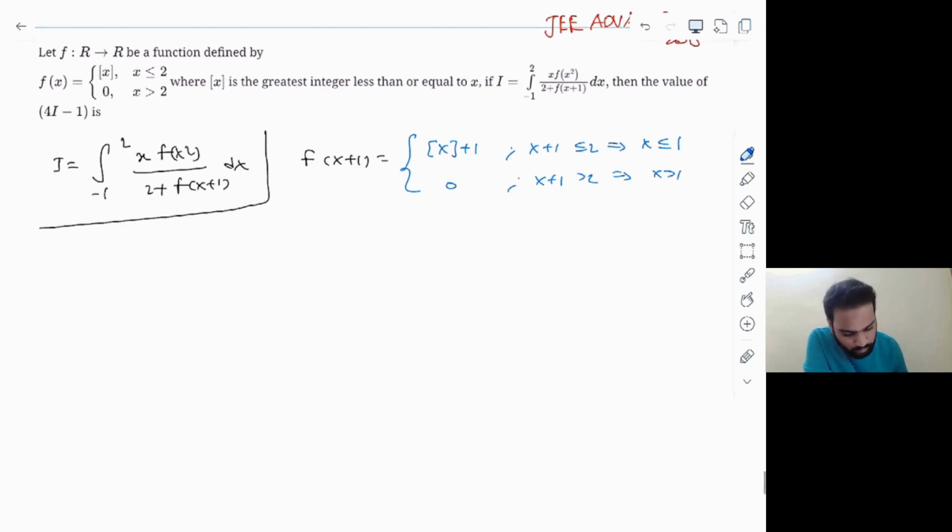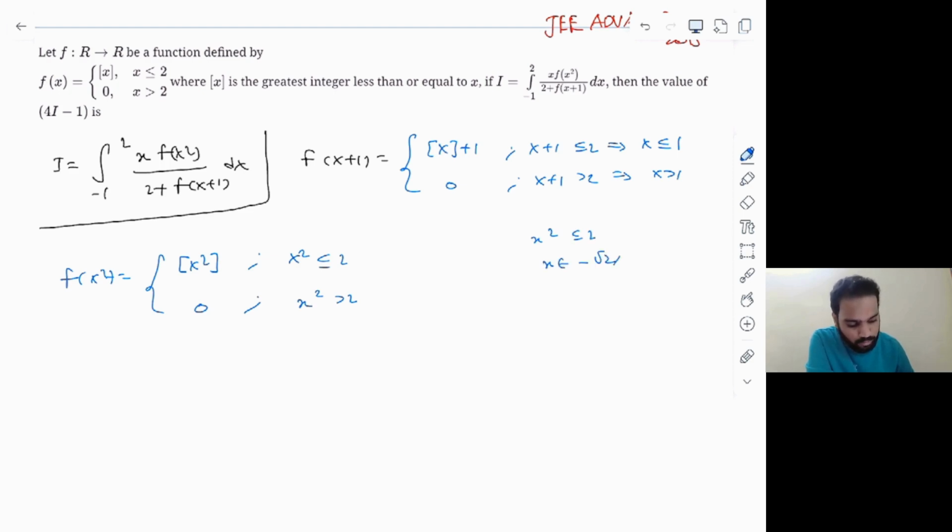And now next thing is we need f of x square function. Okay. So f of x square is equals to, this is the step of x square. This is when x square is less than or equals to 2 and 0 when x square is greater than 2. But we know very well, if x square is less than 2, x belongs to clearly minus root 2 to root 2, right? So that is going to be your first interval. This is when x belongs to minus square root of 2 to square root of 2.